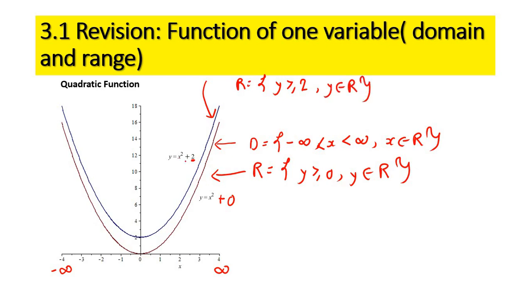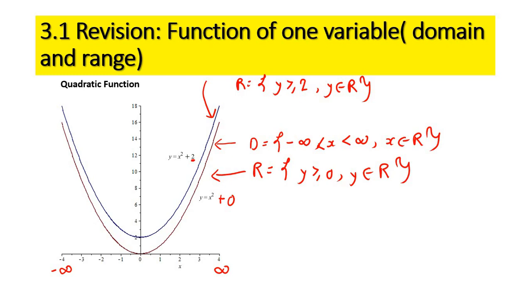For both functions here, the domain is the same, only the range is different, because for y equal to x squared, the minimum value of y is 0. For y equal to x squared plus 2, the minimum value of y is 2, and it goes up.